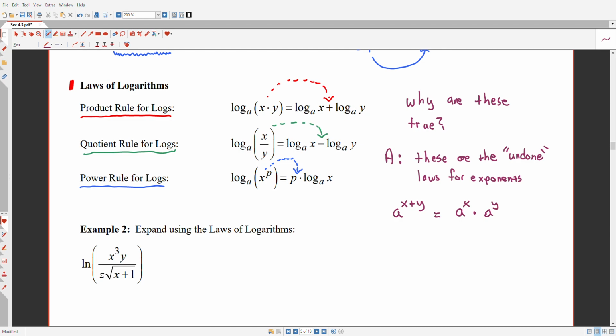So one way to think about this is exponentiation turned this addition of inputs into multiplication of outputs. It turned addition to multiplication.